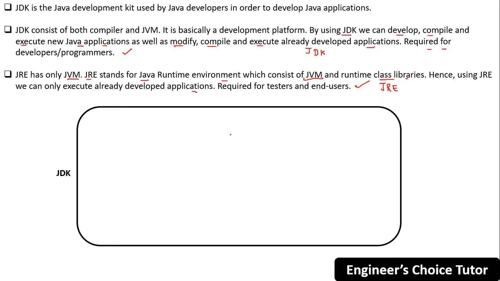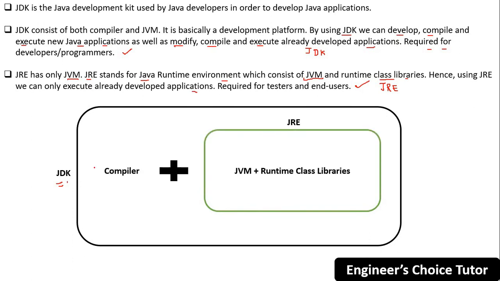So you have this JDK. JDK consists of compiler plus JRE. And this JRE consists of JVM plus runtime class libraries. So from this diagram, we can conclude that JVM is a subset of JRE, and JRE is a subset of JDK, right?